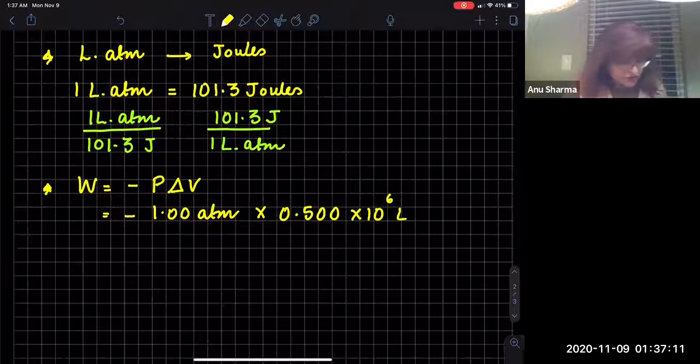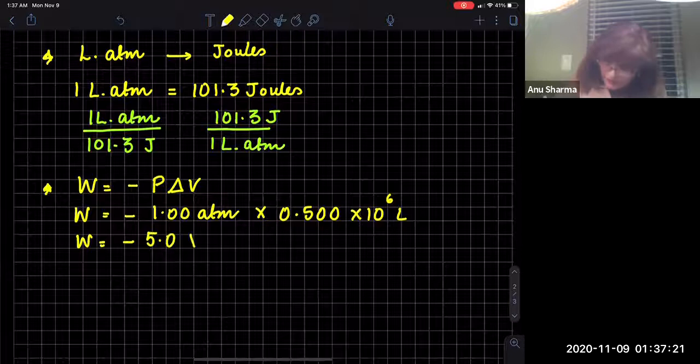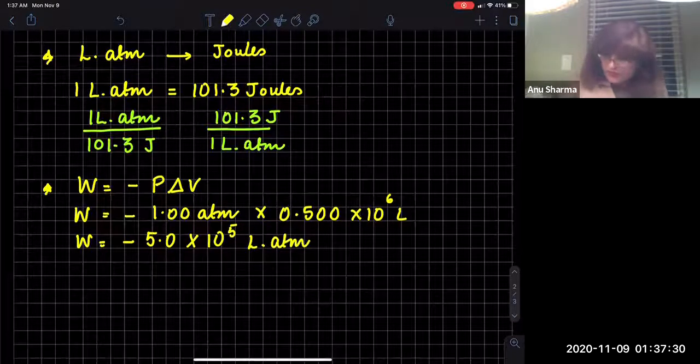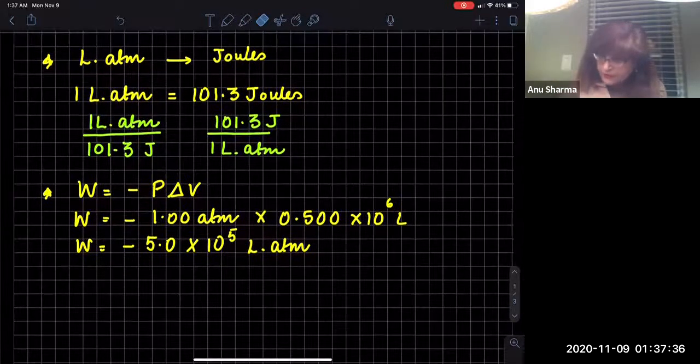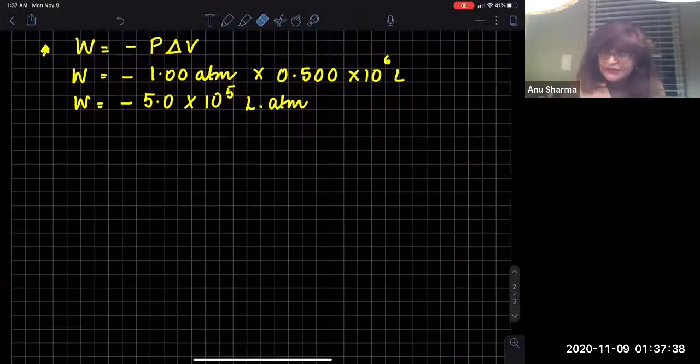When you finish the computation, W becomes negative 5.0 into 10 to the power 5 liters atmosphere. Because the units are in liter atmosphere, we'll leave it like that. So this is our value of W.